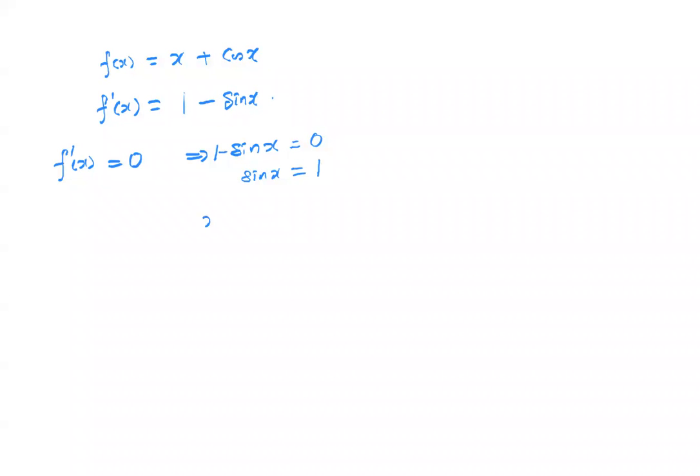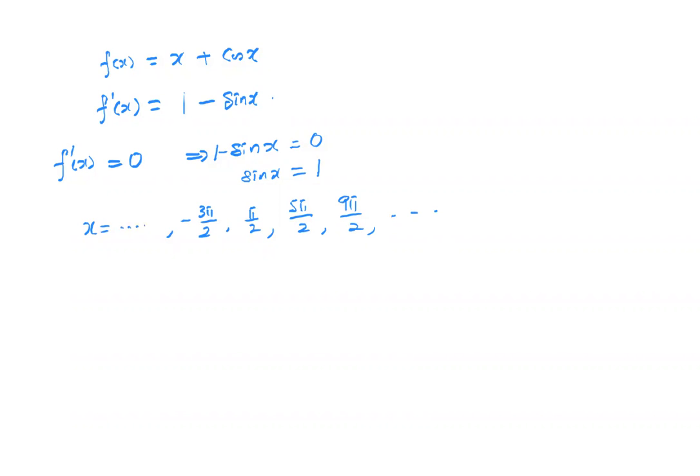So x will be equal to pi by 2, 5 pi by 2, 9 pi by 2, keep adding 2 pi, understand? And go on. Or x can go negative, so I minus 2 pi. It will be negative 3 pi by 2, minus again, and so on. Are you clear?